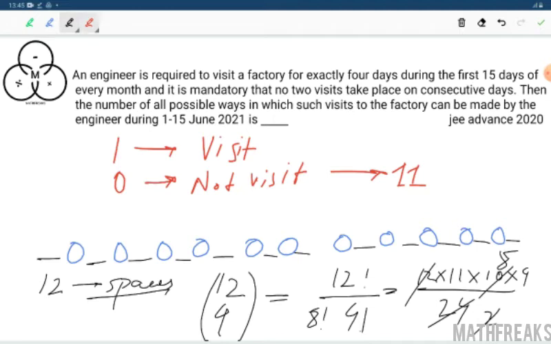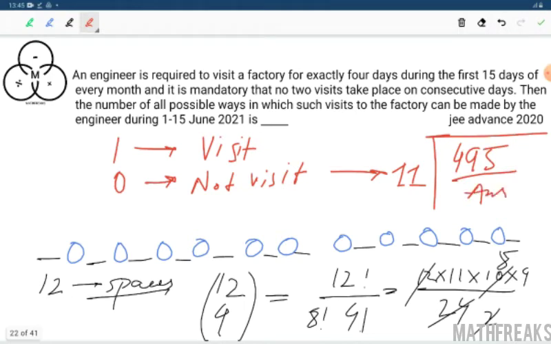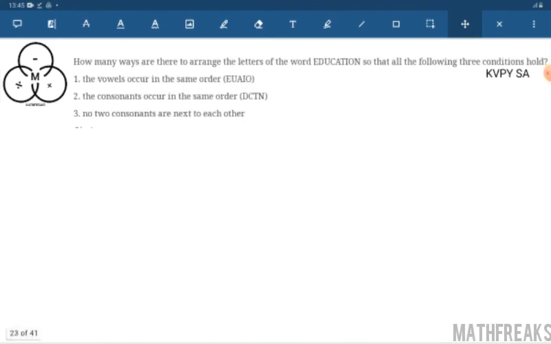So the answer is 45 into 11, which is 495. The answer is 495. It was damn easy for us, isn't it?